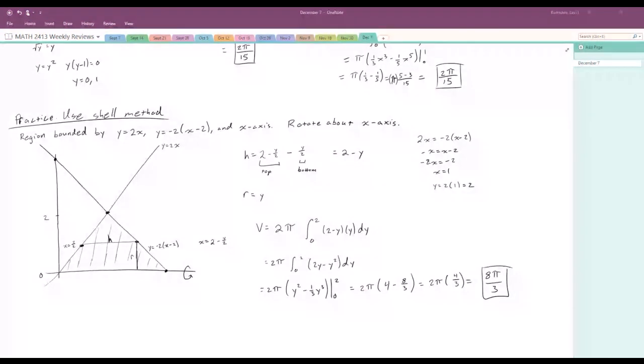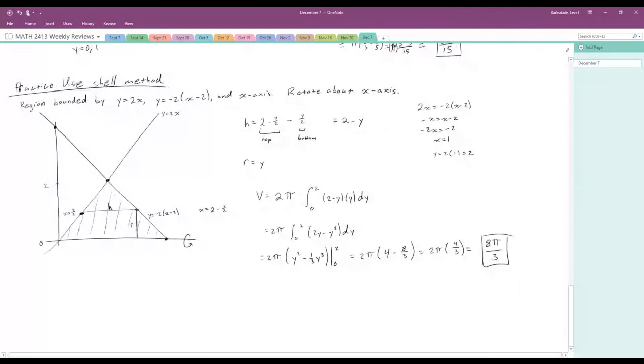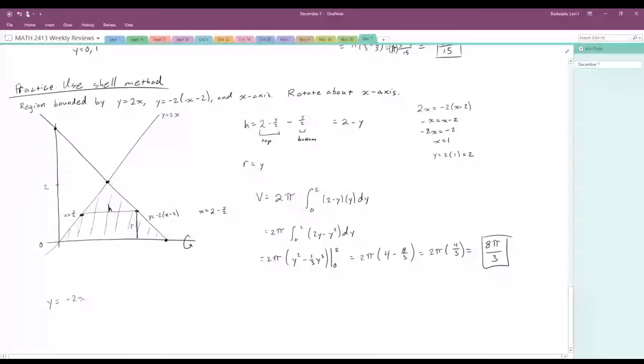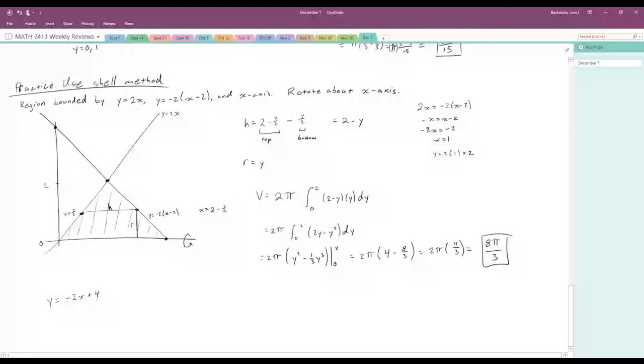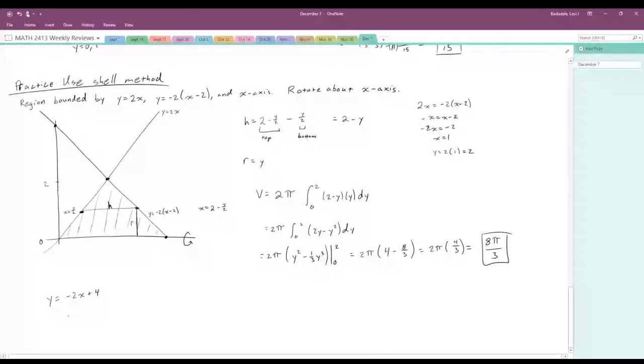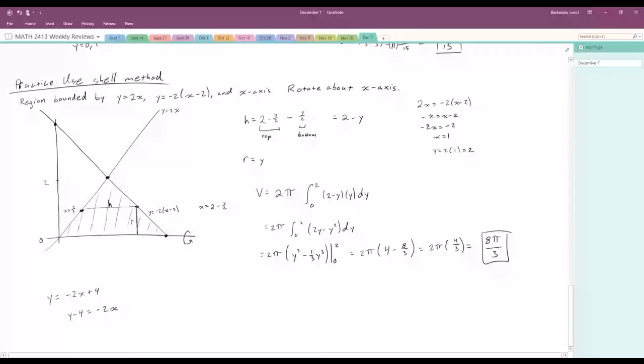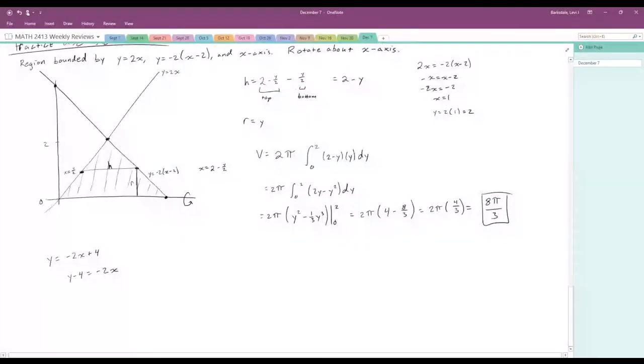So you're trying to find this in terms of x, right? Yes. Or I guess in terms of y. So it looks like you distribute it first, so negative 2x plus 4. And then we would subtract 4 from each side, right? Yes. And then you're saying divide by negative 2. Yes. This is also correct.